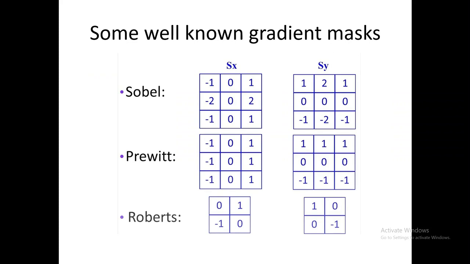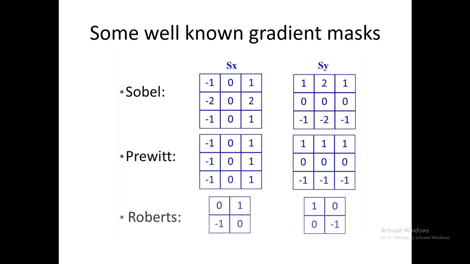And there are some well-known gradient masks. Here is the Sobel, as we have just discussed, and the Prewitt just takes the difference along the x direction, taking into consideration its neighbors, and in the y direction also. And the Roberts considers the diagonal neighbors.